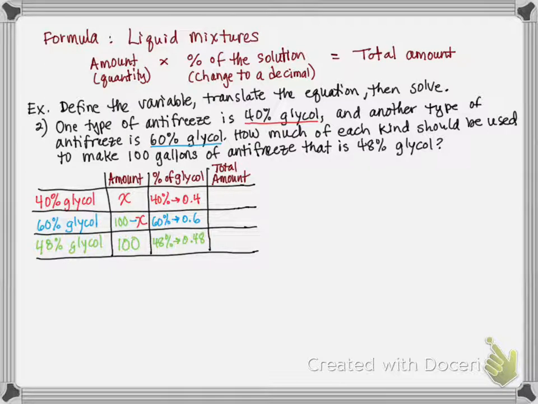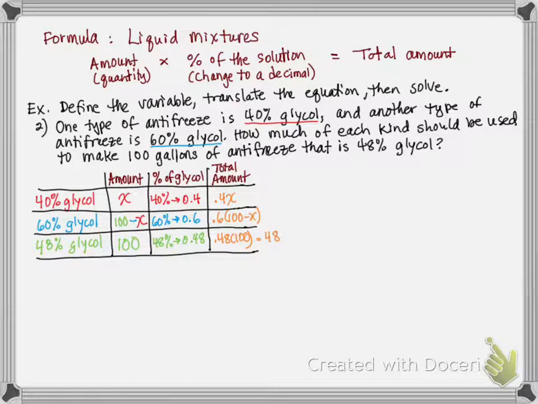I have 0.4x. I have 0.6 times the quantity, 100 minus x. And then I have 0.48 times 100. Okay, now 0.48 times 100, that's easy. That's just going to give me 48.